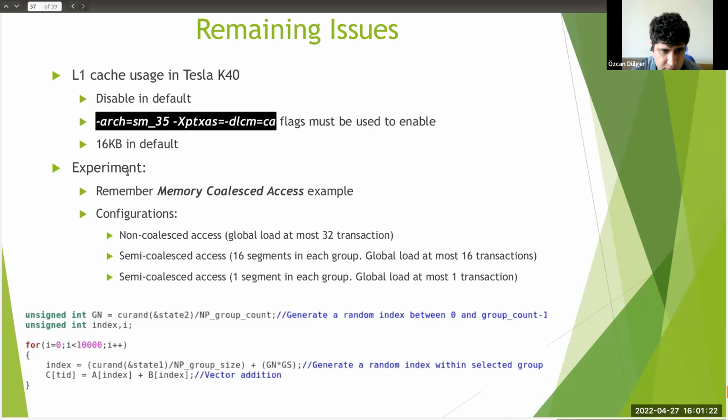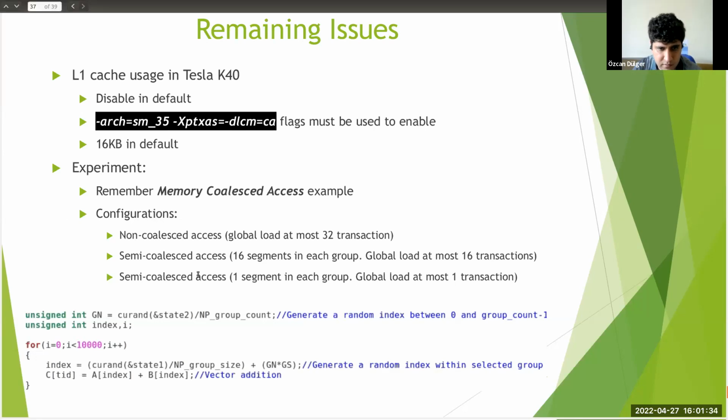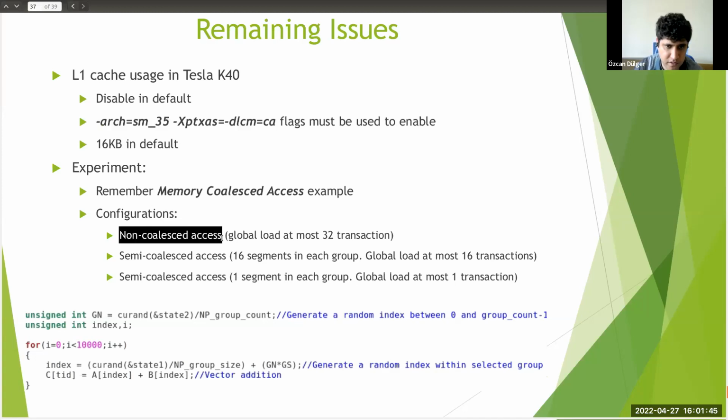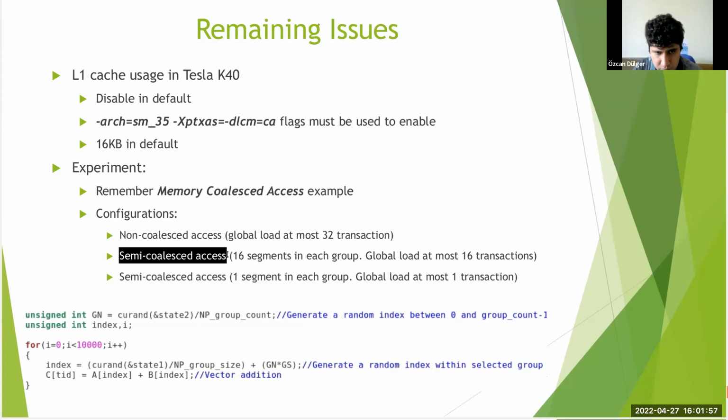For the experiment, remember our memory coalesced access example. We have three configurations in that. Fully coalesced, now I call it semi-coalesced access with one segment in each group. This is the same as fully coalesced. In non-coalesced access, the global load operations perform at most 32 transactions. In semi-coalesced access, where the number of segments in a group is 16, the global load operations perform at most 16 transactions.